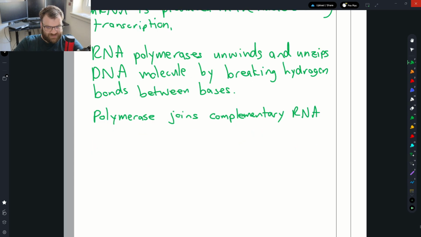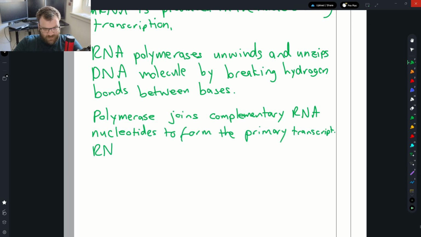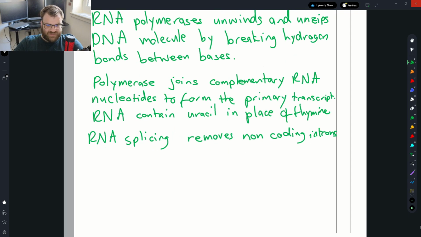Then it's joining together the complementary RNA nucleotides to start making the primary transcript. Maybe worth mentioning here that RNA contains uracil in place of thymine. RNA splicing removes non-coding introns and joins together coding exons.